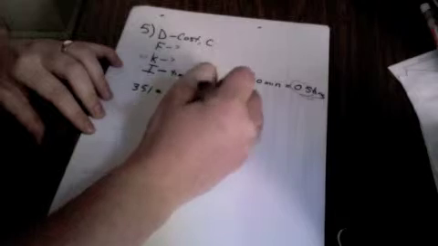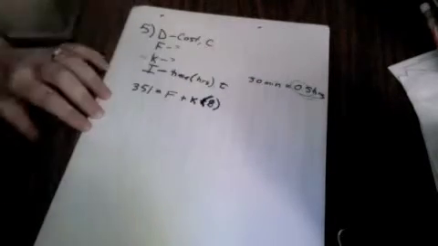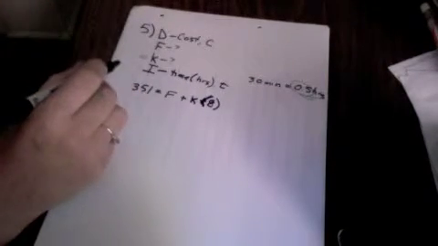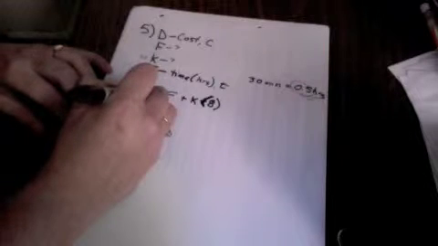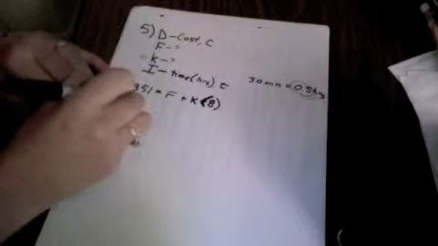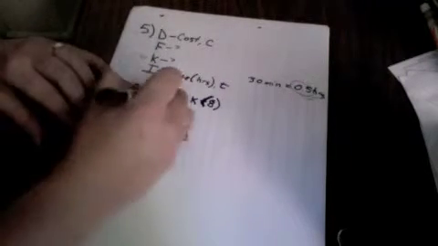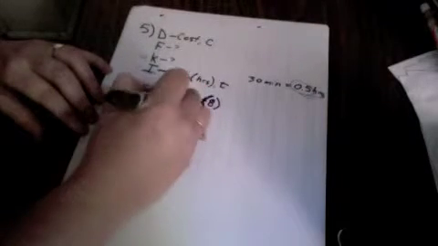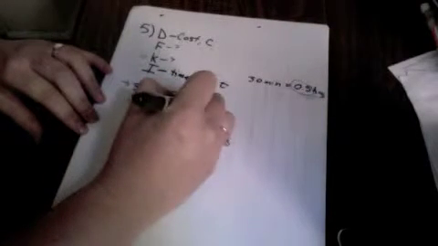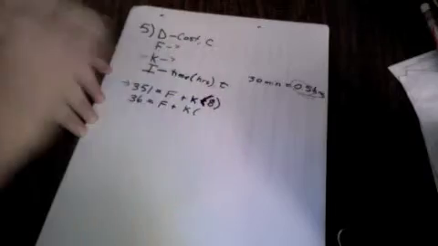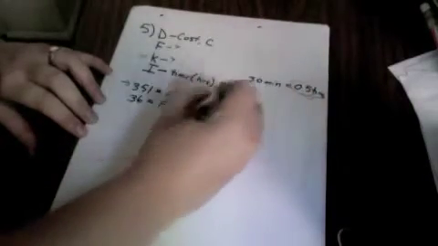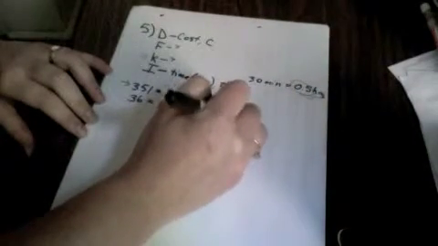So instead of T, we're going to put 8. And the other one is $36 for 30 minutes. So 36 equals F plus K times 30 minutes, but we know that's just 0.5 hours. Line them up, subtract them.